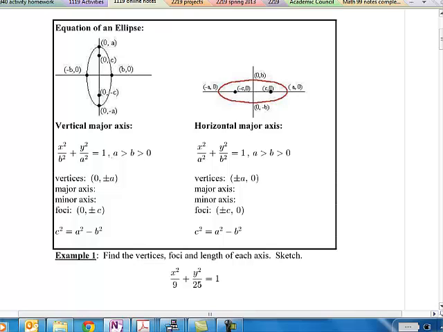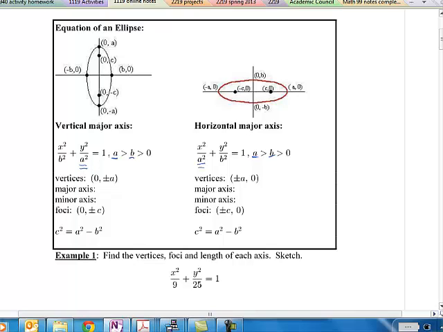The convention here is that a is the larger value, and a and b are both positive. So a is greater than b and both are positive. So if a squared, the larger value, is underneath the y squared, then we get a vertical major axis. But if a squared is underneath the x squared, then we get a horizontal major axis.